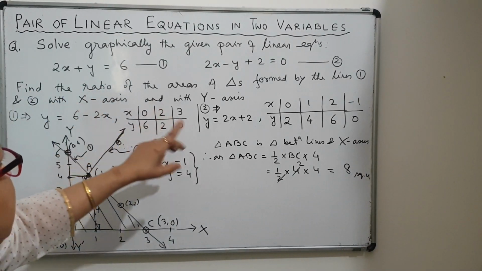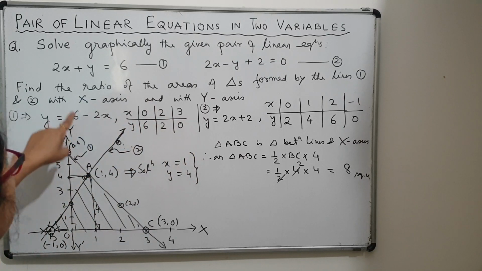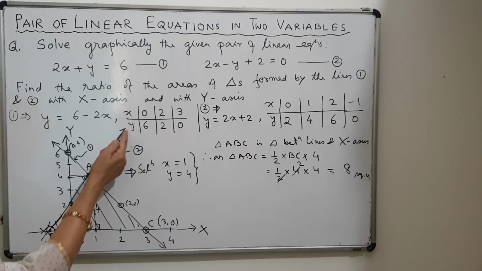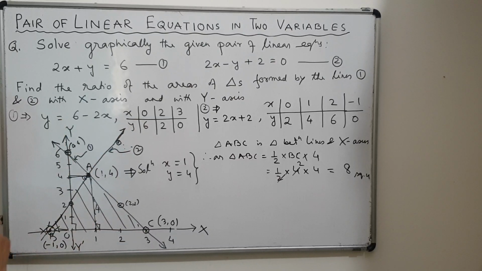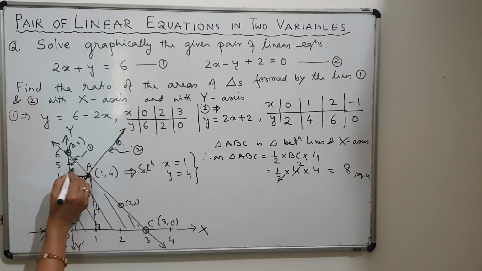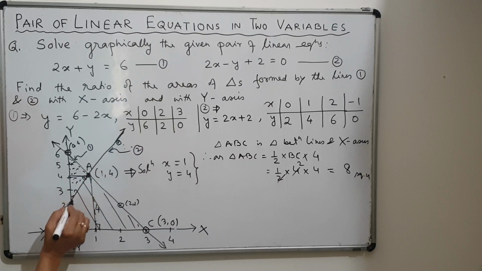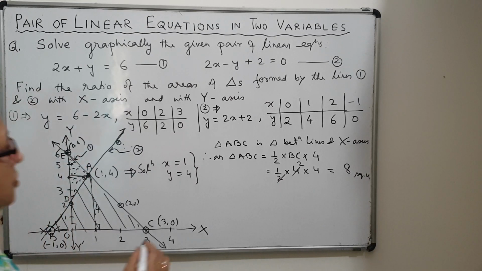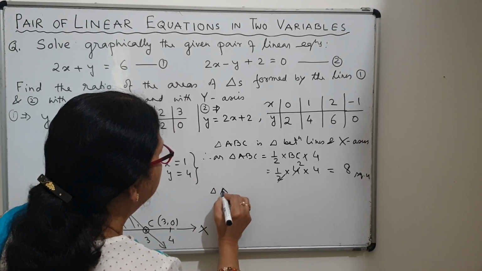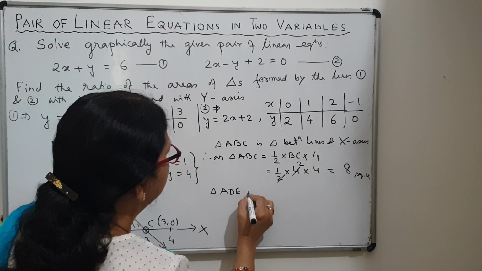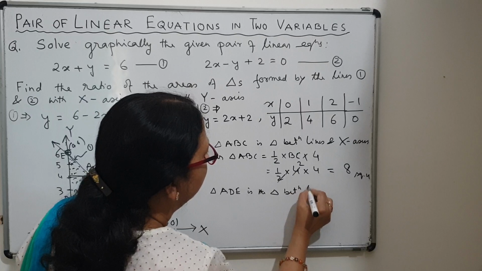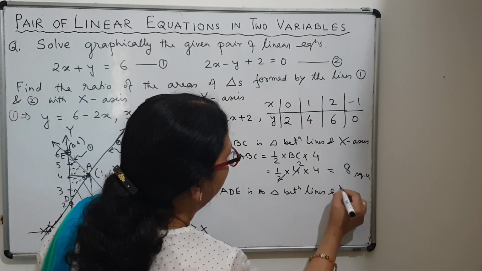Next, let me find out the area of the triangle formed by the lines and the y-axis. So this is one line, first line, this second line, and this is the y-axis. So this part, this is the triangle. Say give a name, say D, and say this point is say E. So triangle ADE is the triangle between the lines and the y-axis.